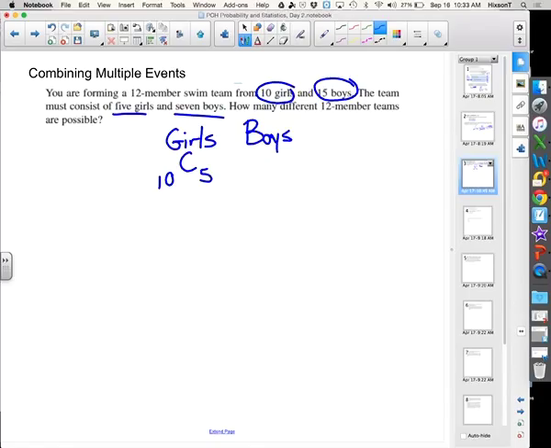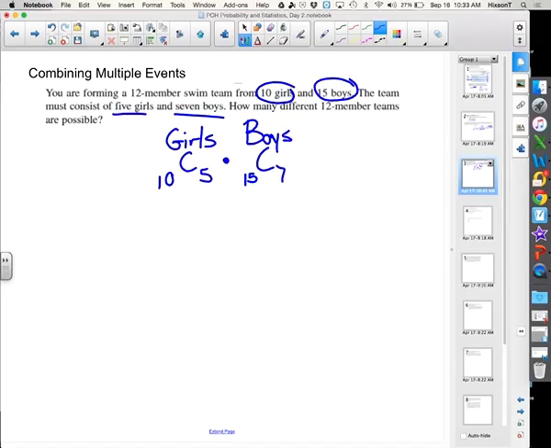How many combinations of boys are we going to have? 15 choose 7. Okay? Now, for every one of these combinations of girls, we have this many combinations of boys, right? So there's where our counting principle comes in, and we would multiply those together. That is going to give us how many different teams we could come up with.